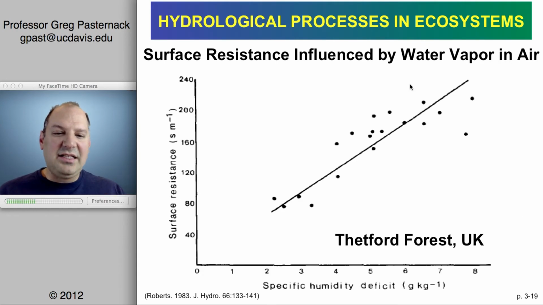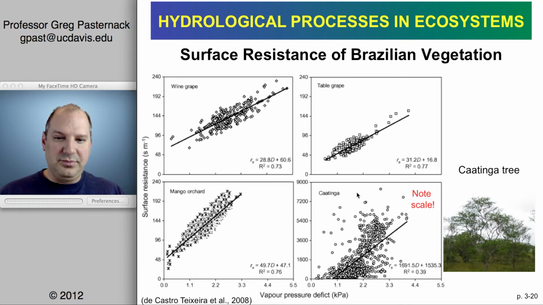The less moisture is in the air, the greater desire the air is going to have to get that water from the plant. And that means that the plant is going to have to mindfully stop that to the best of its ability from going away. And so as a result, you can see here that the tree actually has the ability to increase its resistance to giving up its water as the specific humidity deficit increases.